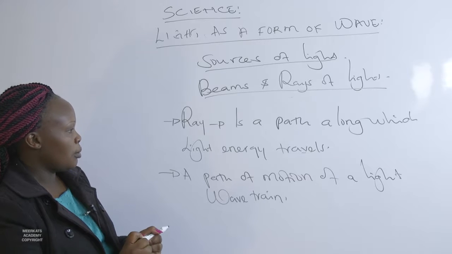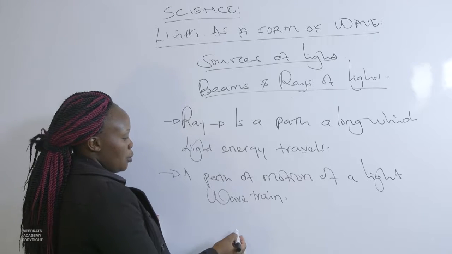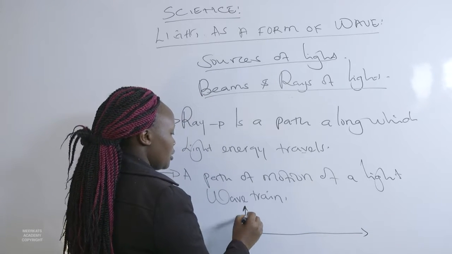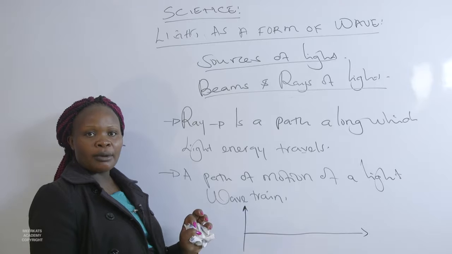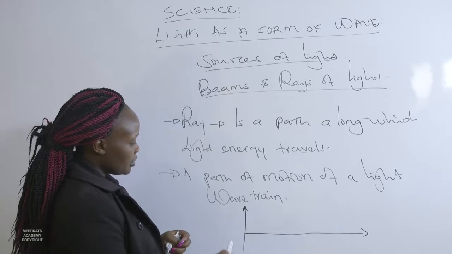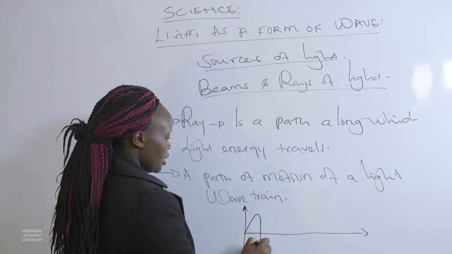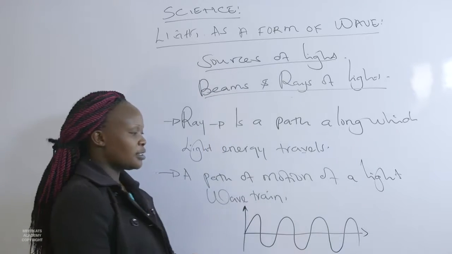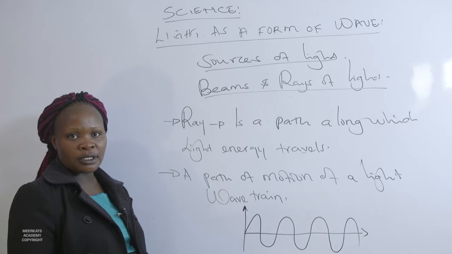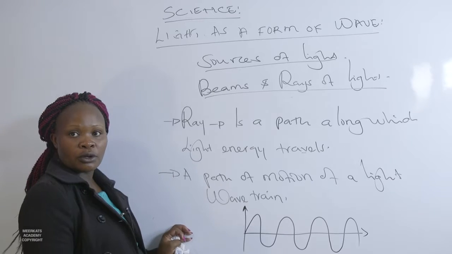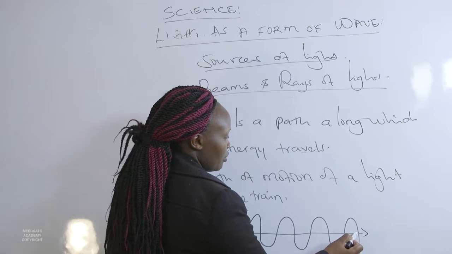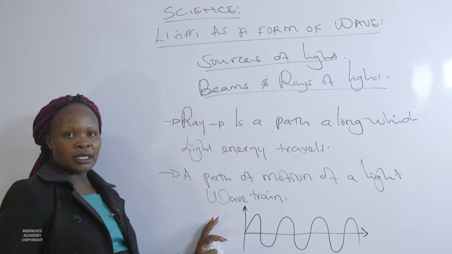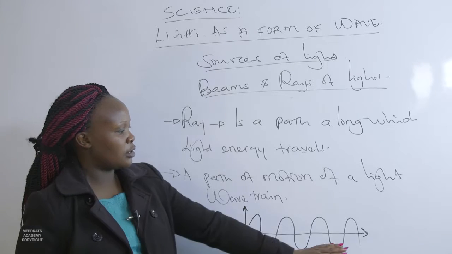Now, by the light wave train, we are not interested in the way we are going to have our particles displaced. Rather, we know that being a transverse wave, we expect it to have a series of crests and troughs, although the path of motion is actually from right to left.